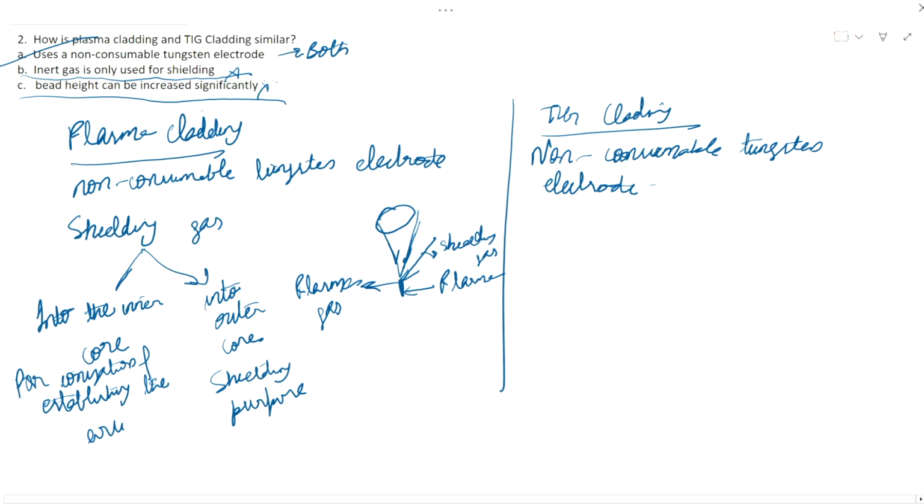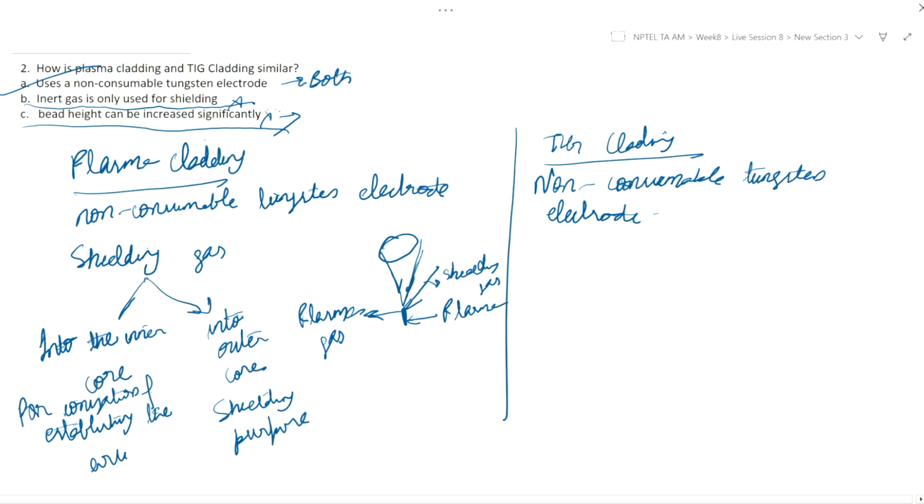Now plasma is more popular in wire additive manufacturing as compared to TIG, because here the tungsten is not projected outside and hence the bead height can be increased significantly. This is only for plasma. Okay.